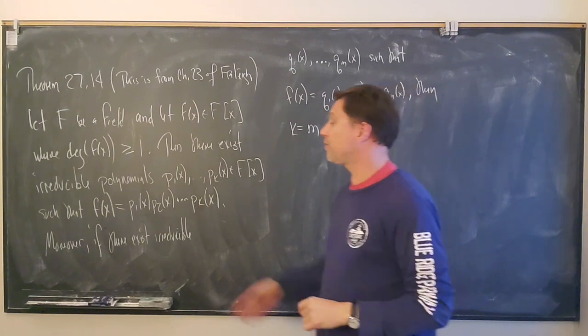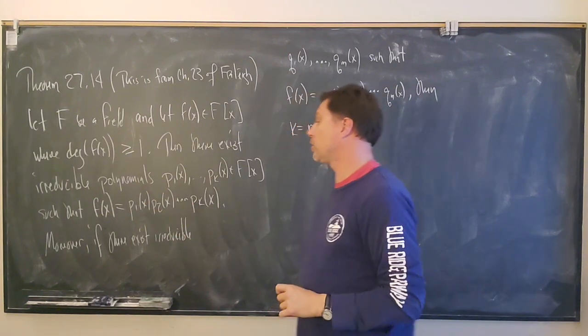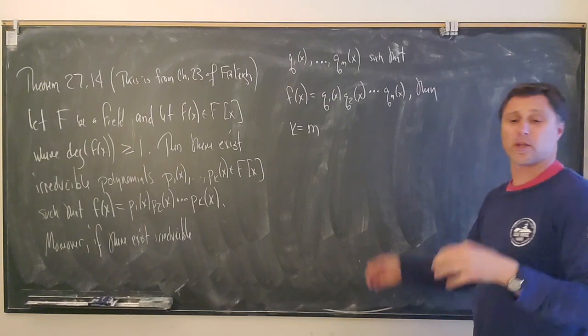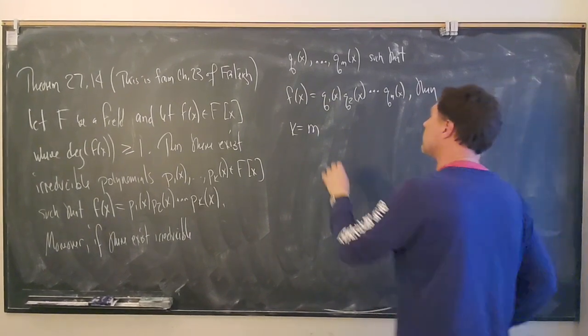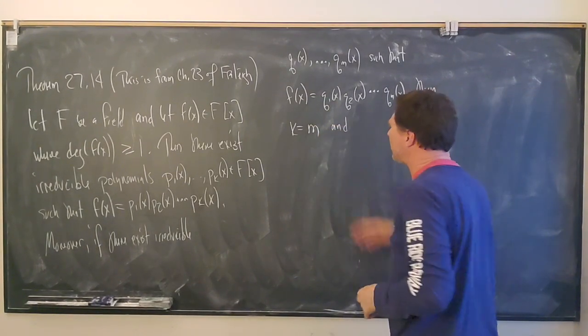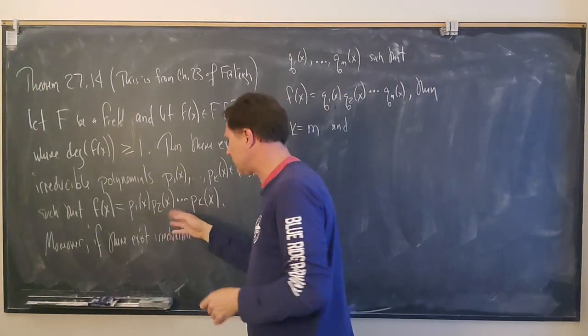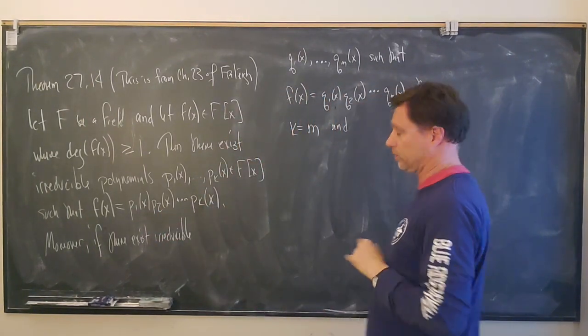So the number of factors in expressing our polynomial as a product of irreducible polynomials is unique, and I can't claim that q1 is one of the p's and q2 is one of the p's, but it's almost one.